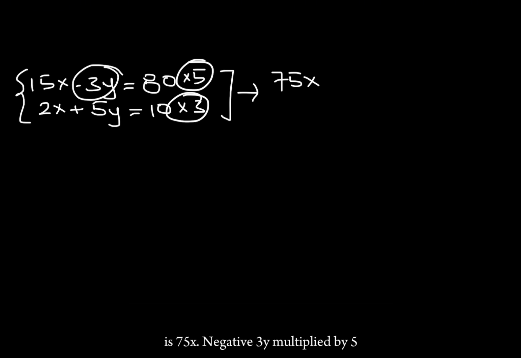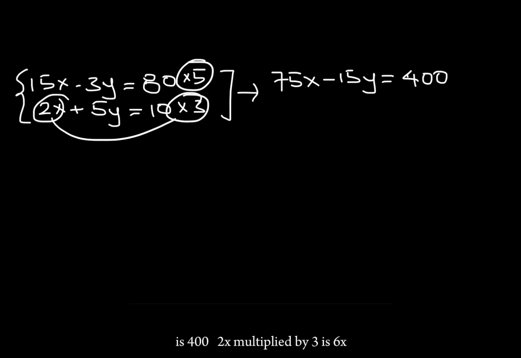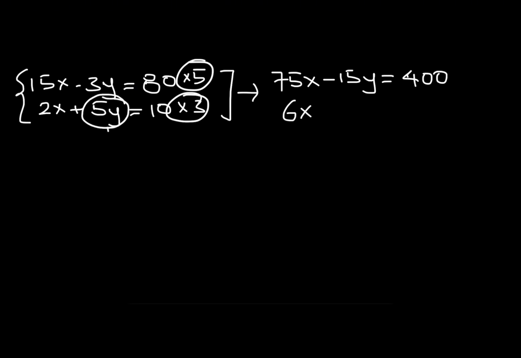Negative 3y multiplied by 5 is negative 15y. 80 multiplied by 5 is 400. 2x multiplied by 3 is 6x. 5y multiplied by 3 is 15y. 10 multiplied by 3 is 30.